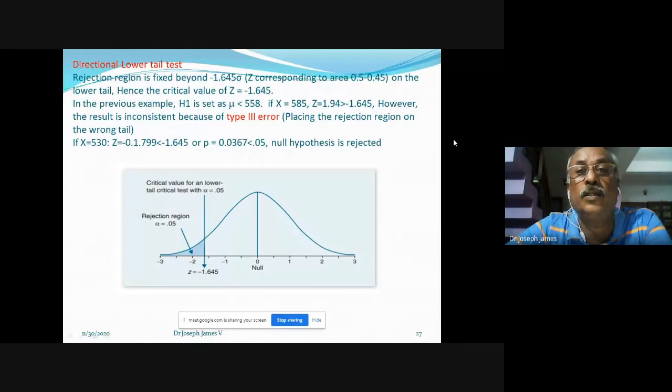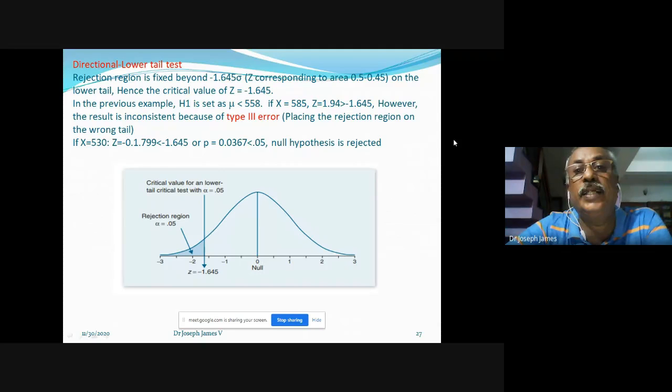So since it is greater, the null hypothesis would have to be rejected. But here that is not possible, because the result is inconsistent, as we placed the rejection region on a wrong tail.